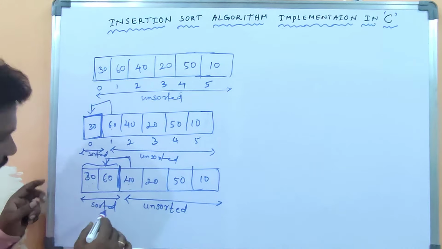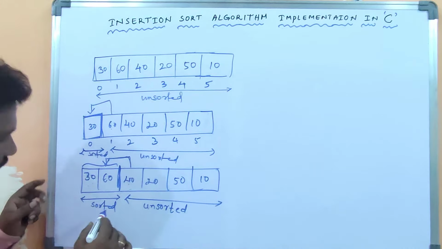Okay. Then I should write here: 30, then 40, then 60. This is called the sorted sublist. Just for your understanding, I explain like this.